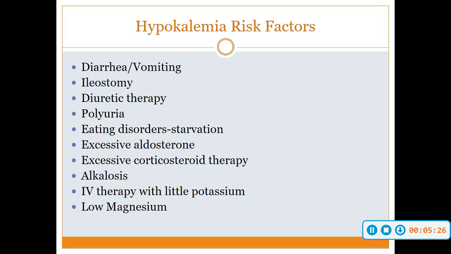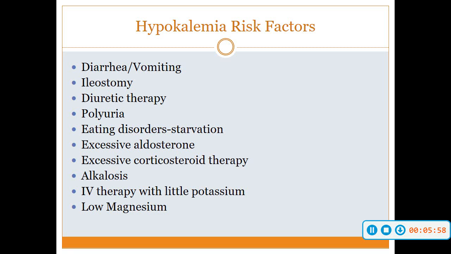Alkalosis can cause hypokalemia. Okay, so when we're alkalotic, especially metabolic alkalosis, our potassium will shift into the cell to get our hydrogen to come out of our cell, because we're trying to make our cells more acidotic. We're trying to fix our acid-base imbalance. So if you're very alkalotic, your potassium will try to go in the cell and your hydrogen will try to come out.